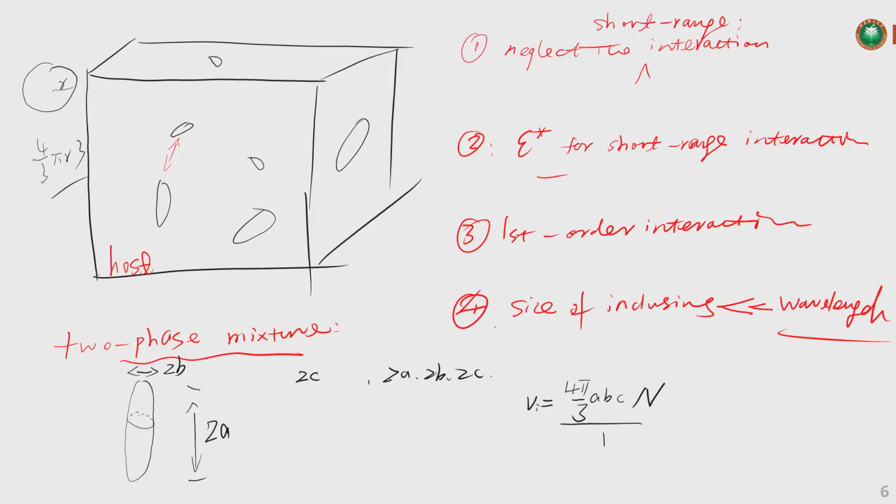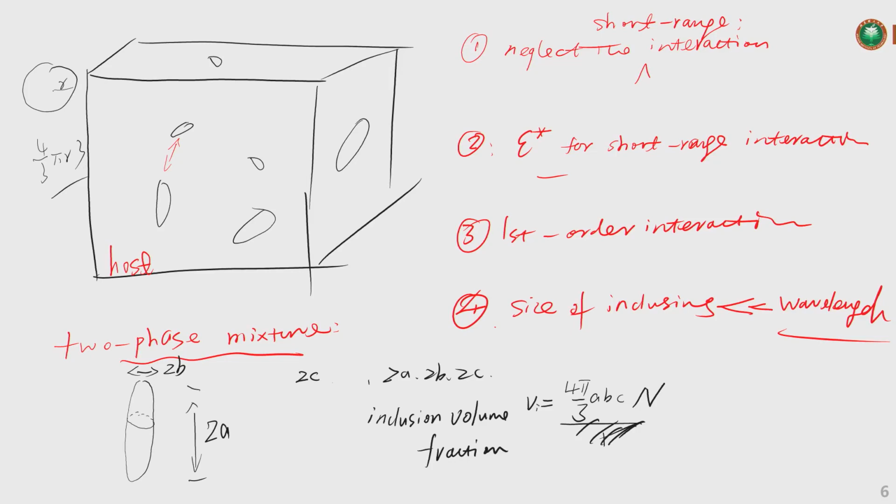So VI is represented as the inclusion volume fraction. So this is VI. Divided by 1, we neglected. So it's 4π over 3 times ABC times capital N. N is the number of the inclusions in a unit volume of the host material.